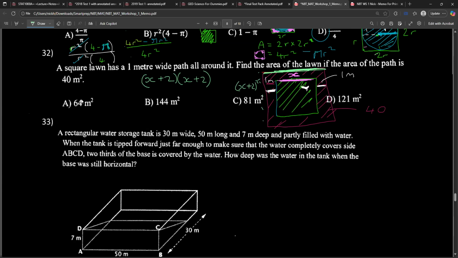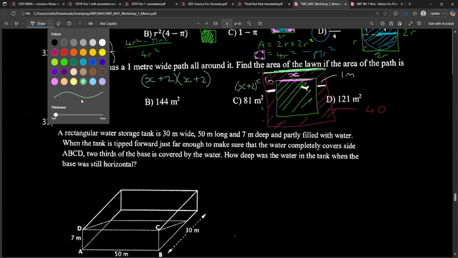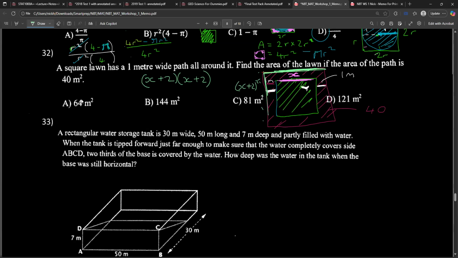And that minus the area of the path will give you the area of the lawn, because we want the green part. So if I find this whole area and I subtract the path, I will get the area of the green inside.